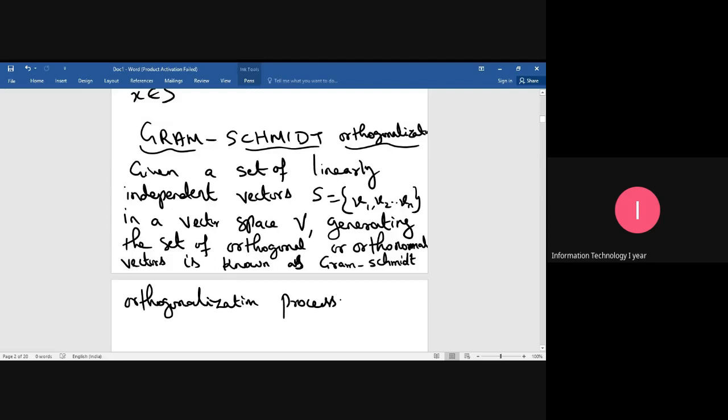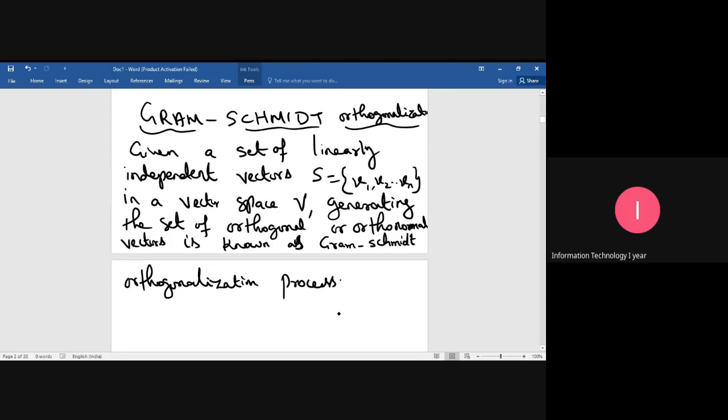Given a set of linearly independent vectors. These vectors are linearly independent. Linearly independent means, suppose alpha 1 v1 plus alpha 2 v2 plus etc. alpha n vn equal to 0 means the scalars alpha 1, alpha 2, etc. alpha n are all 0.